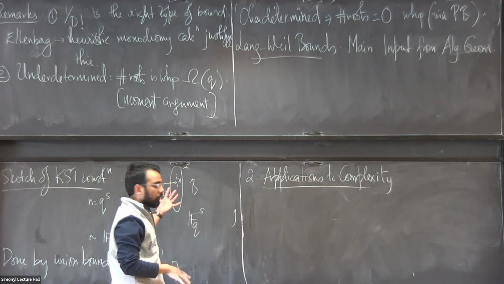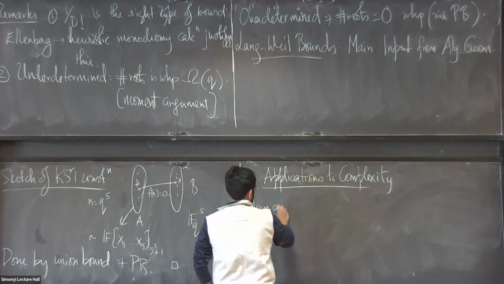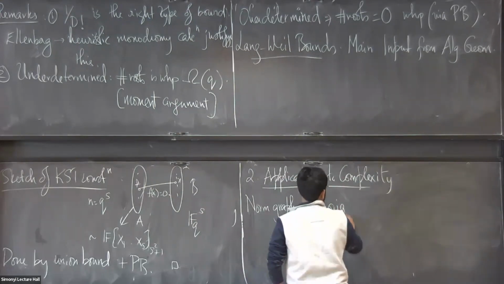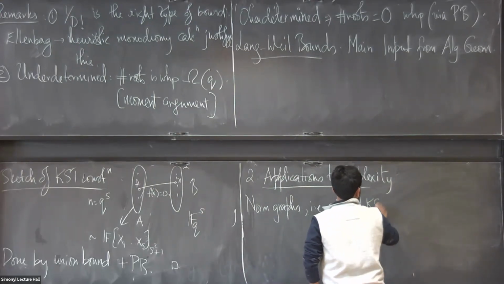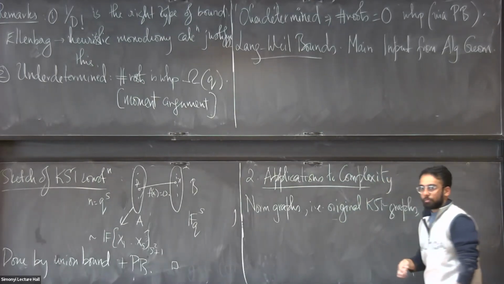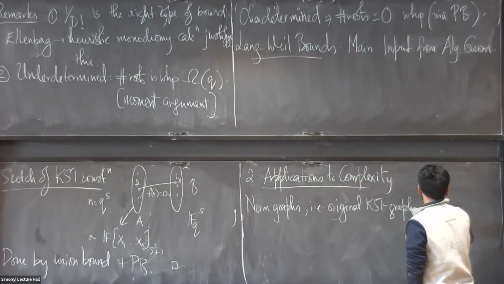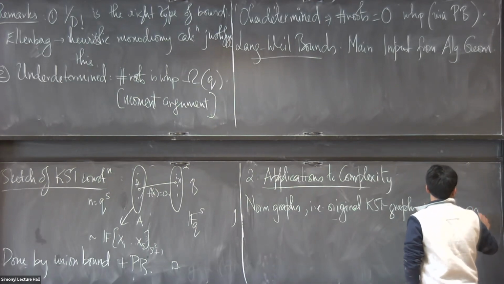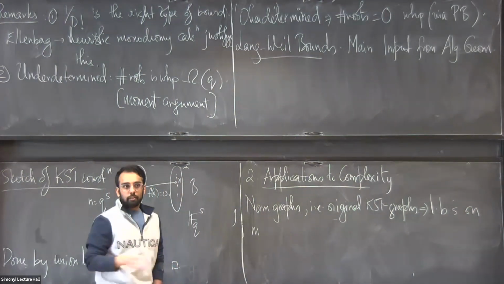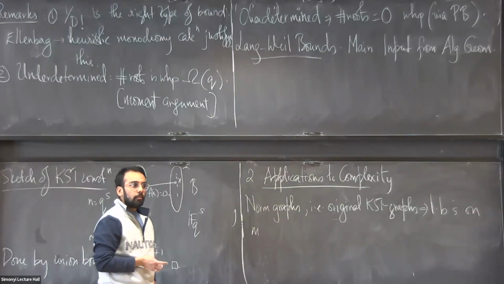For example, if you know some of the older literature, you know that norm graphs, i.e. the original sort of KST graphs, were used to prove super polynomial lower bounds on the size of monotone span programs. It's deterministic, this explicit construction of Kollar, Ronyai.